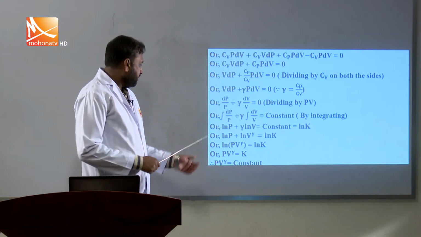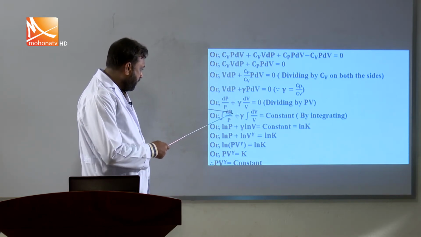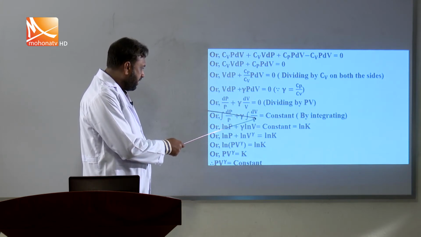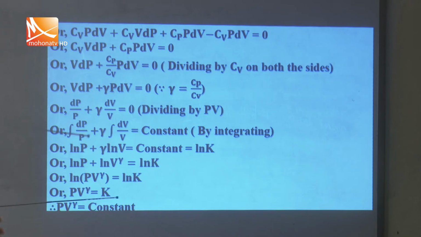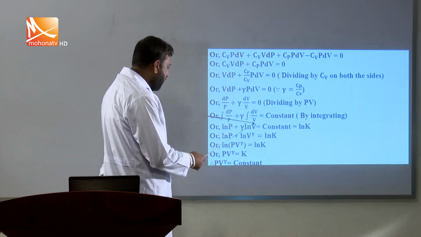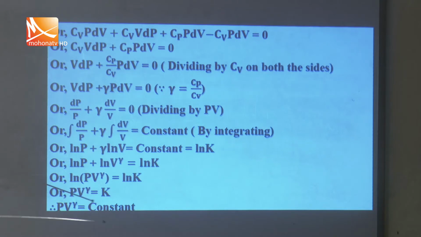Now integrating this relation, we can write integration dP/P plus γ integration dV/V equals constant, since 0 is a constant and if any constant is integrated, the value will be constant. Or ln P plus γ ln V equals constant equal ln k.